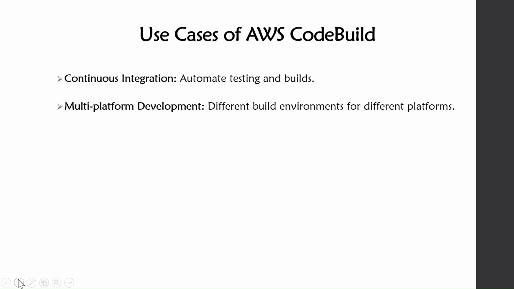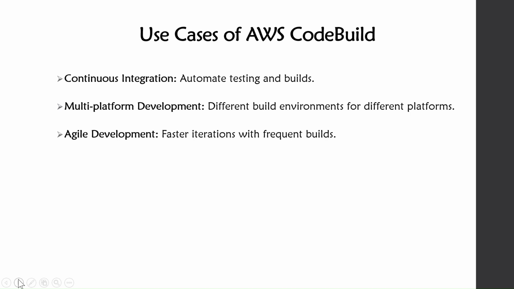So the next thing we have is agile development, with faster iterations and frequent builds. In agile development, the focus is on rapid iterations and frequent releases. AWS CodeBuild supports this approach by enabling faster builds, allowing teams to continuously integrate changes, run tests, and deploy code frequently.